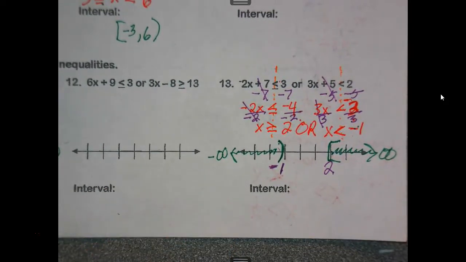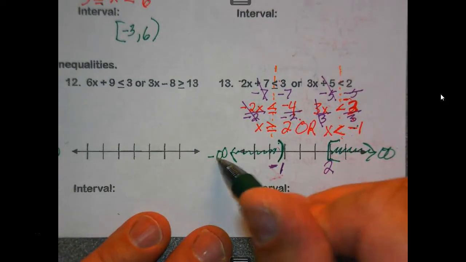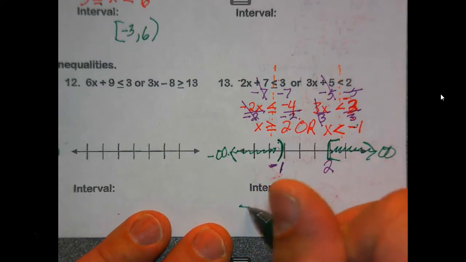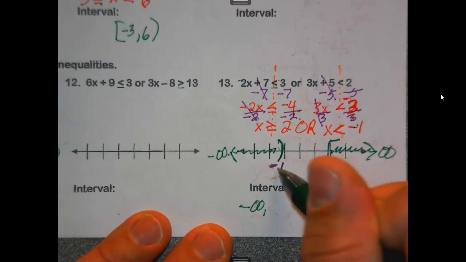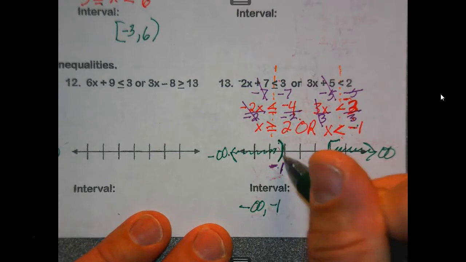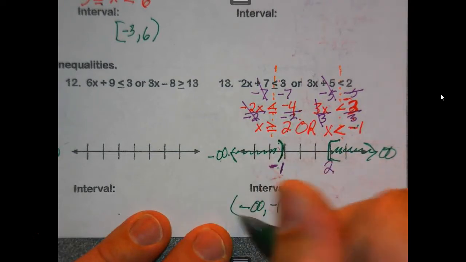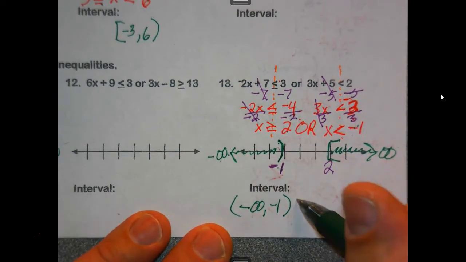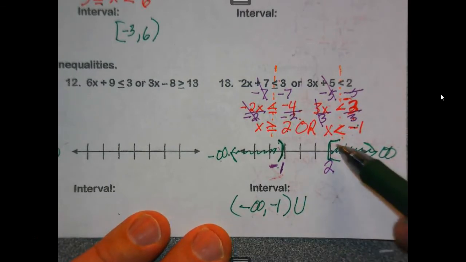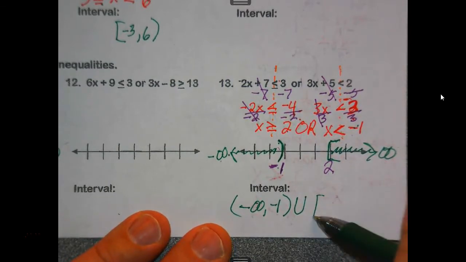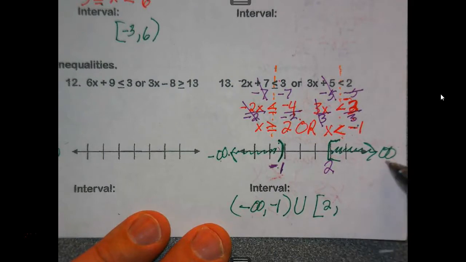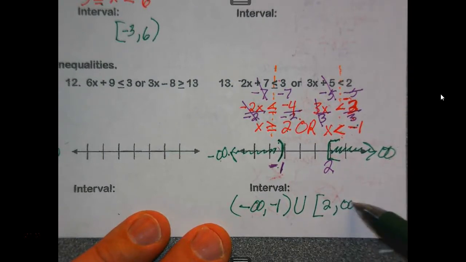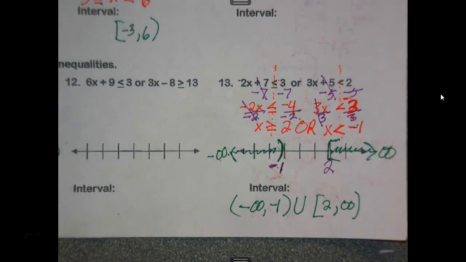So my interval notation, negative infinity to negative 1, both have parentheses, union, my bracket 2 to positive infinity, parentheses. Got it?